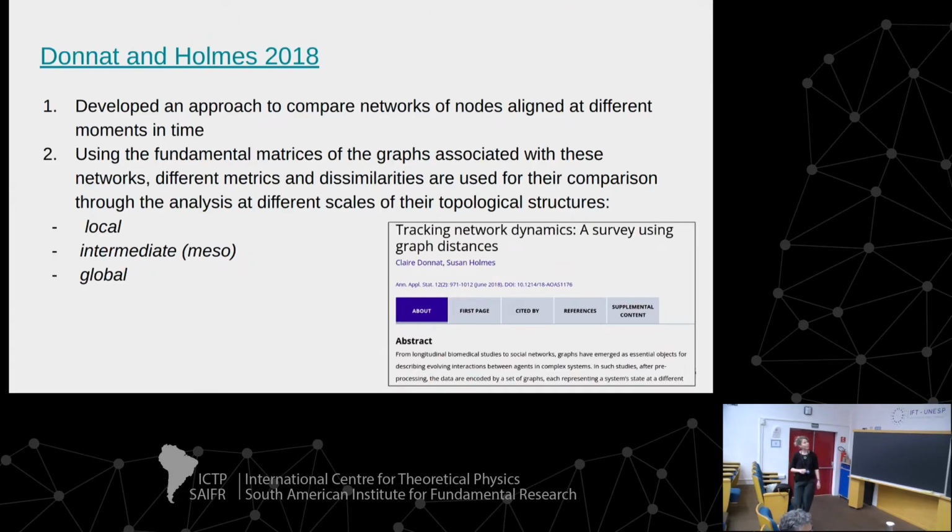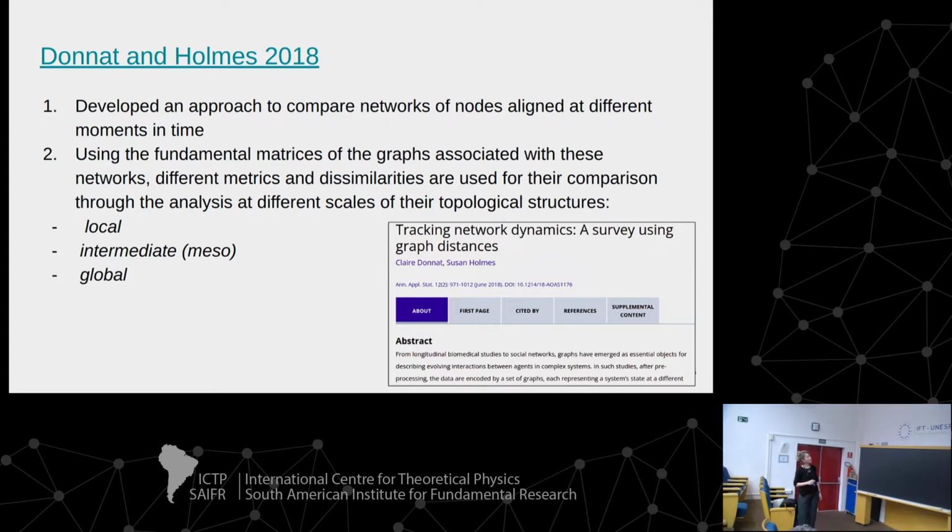There is a very nice framework that was developed by Donnat and Holmes in 2018. This is the paper: Tracking network dynamics, a survey using graph distances. I recommend it very much for you because they developed an approach to compare a network of nodes aligned at different moments of time. And this is exactly what I'm looking for, okay?